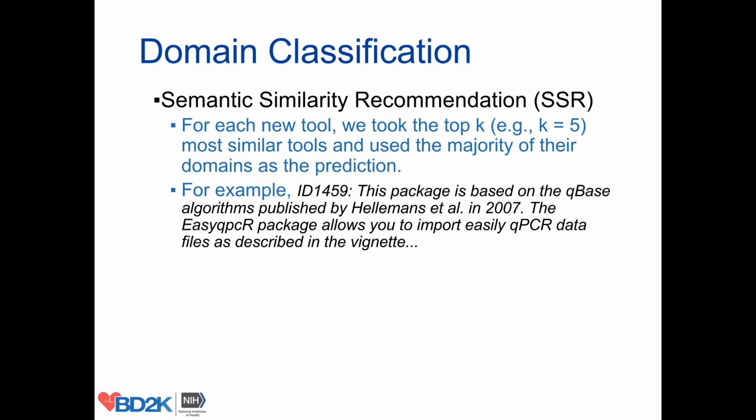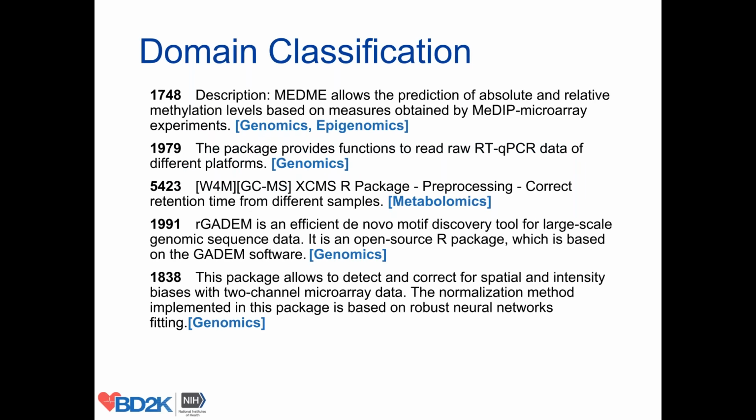Here's an example I'm going to show you about the Q-based algorithm. After the similarity calculation, we found 5 similar tools for this example. You can notice that genomics takes the majority of the recommended domains. So it is more probable that we would predict the domain as genomics in the end.